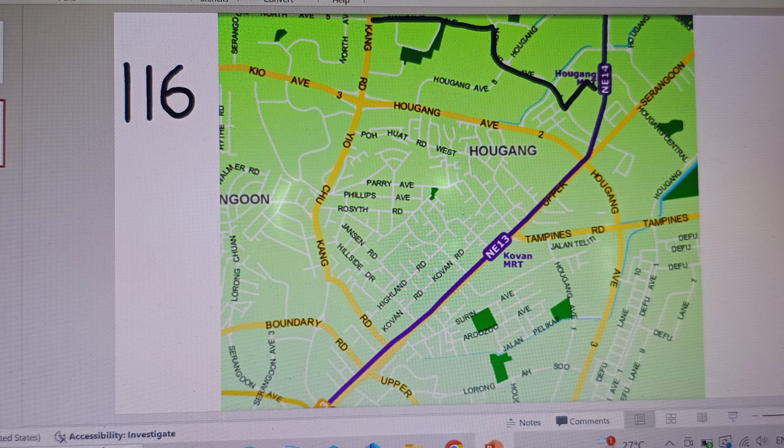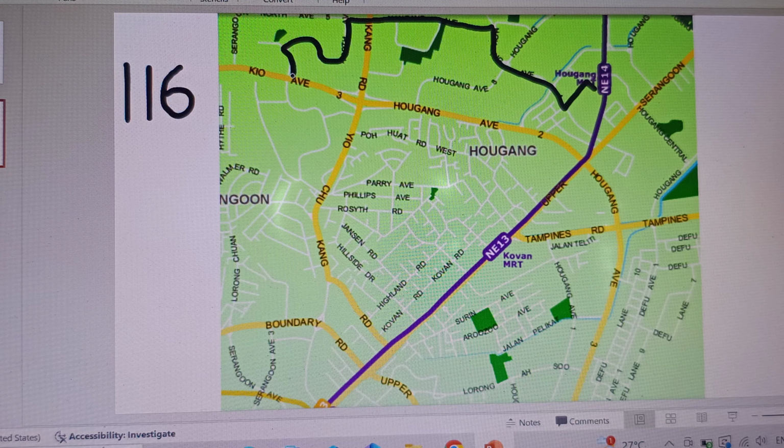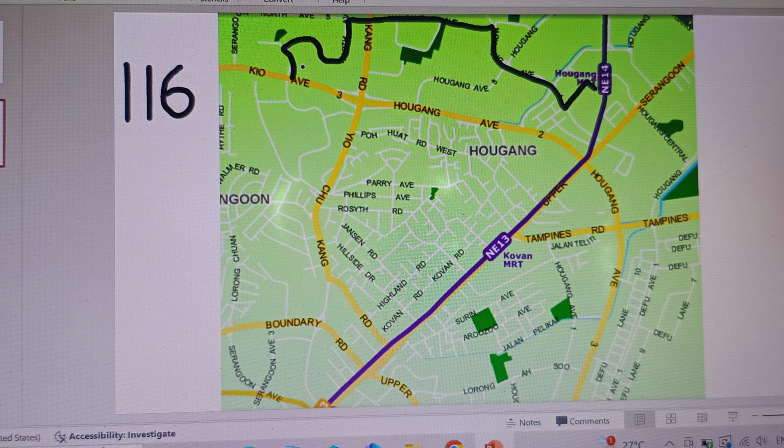The other purpose of 116 is for Serangoon North, this entire area, to connect to Hougang. There's also a faster way for them to connect to Serangoon, because 315 actually goes inside Serangoon Gardens, which is kind of slow. So 116 is just conceptually 315X, that sort of thing.